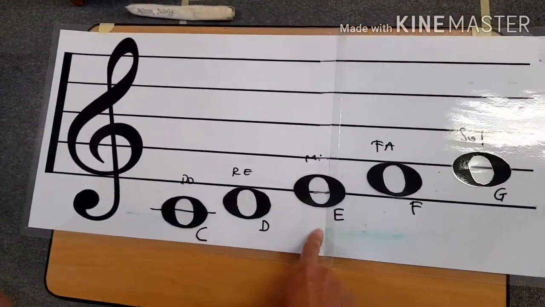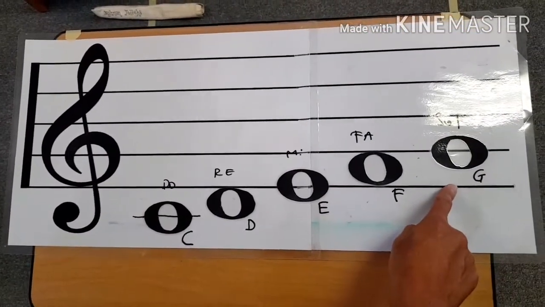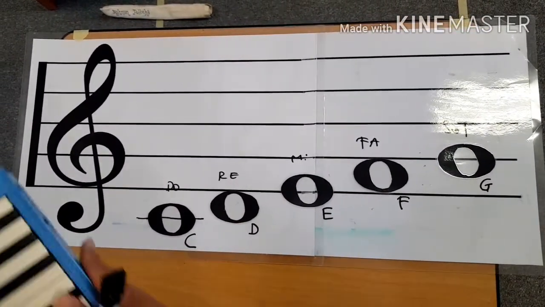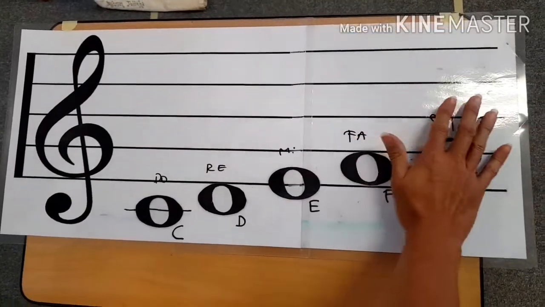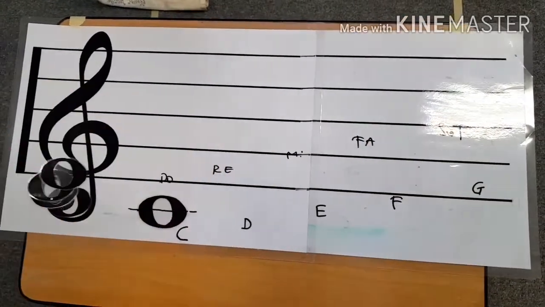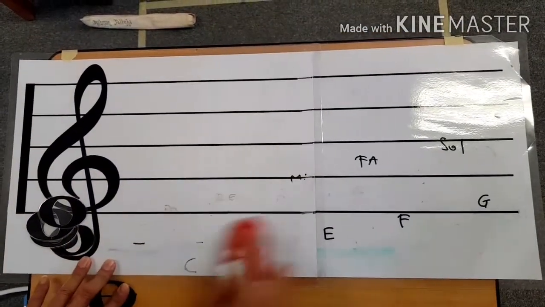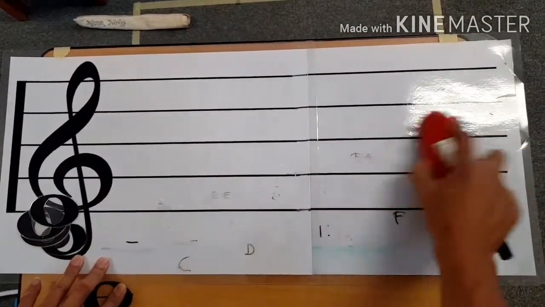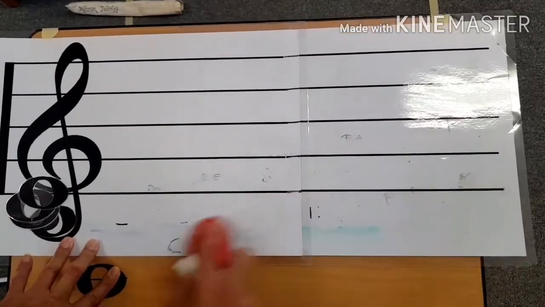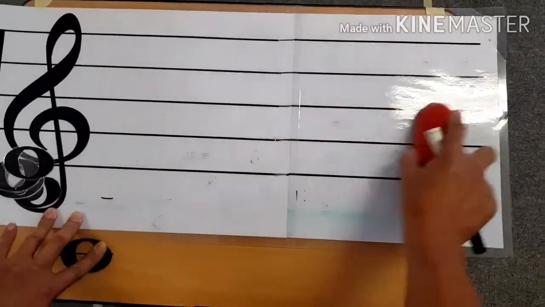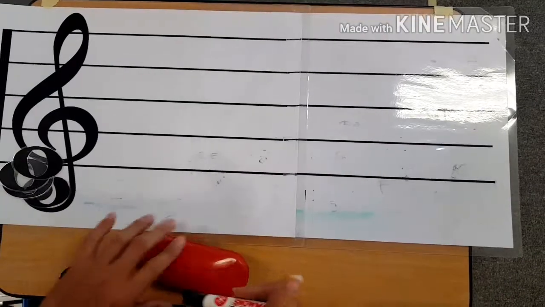Do, Re, Mi, Fa, Sol. So we did this already, right? Now we are continuing, not 5 notes anymore. We are going to do 7-note study.